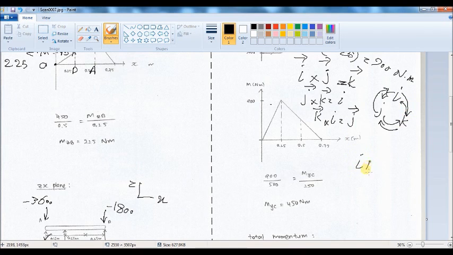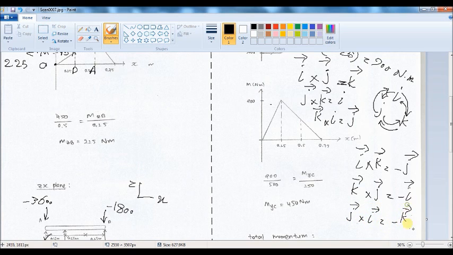Means i times k is negative j, k times j is negative i, and then j times i is negative k.